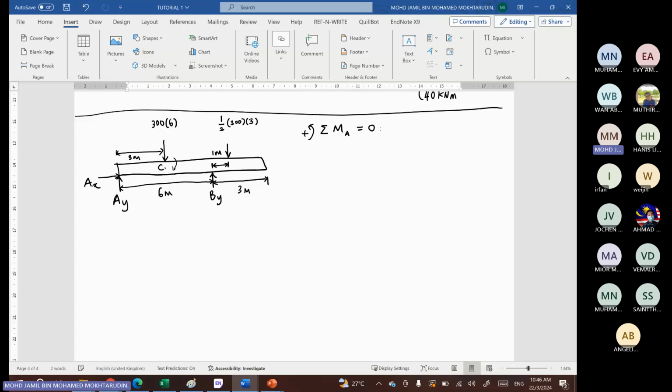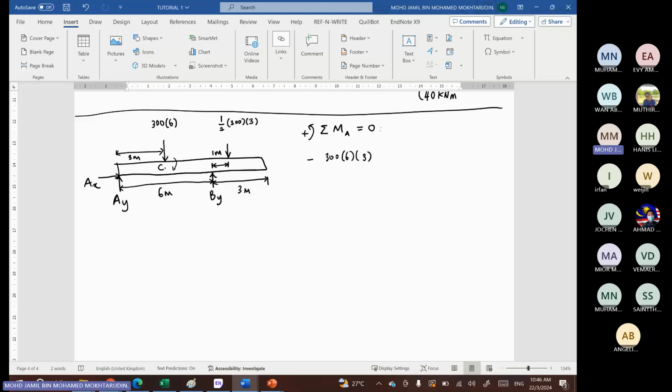So this will be clockwise. So negative 300 times 6 times the distance 3 meter. And then the force By times 6 meter.